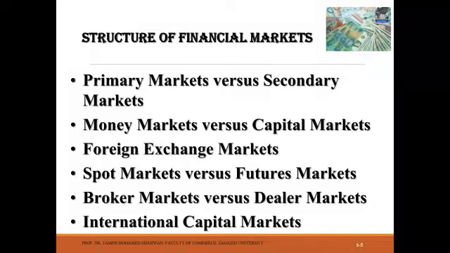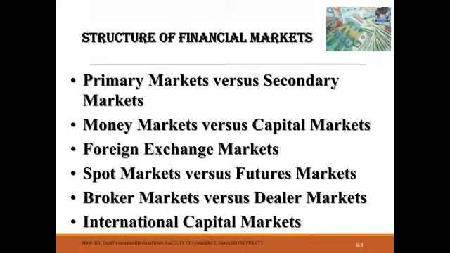If we would like to start by the first dimension of the financial environment, which is the financial market, we could classify the financial markets into different categories. The first category is primary market versus secondary market. Second one, money markets versus capital market.